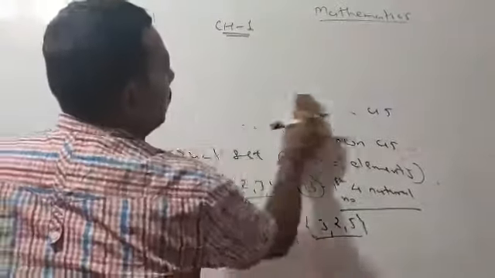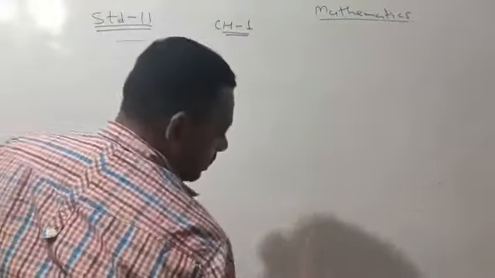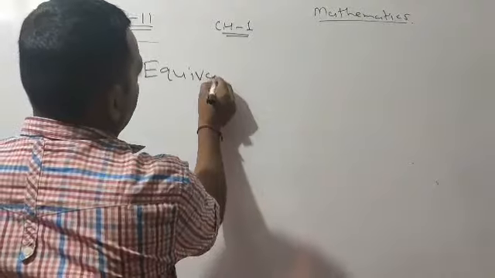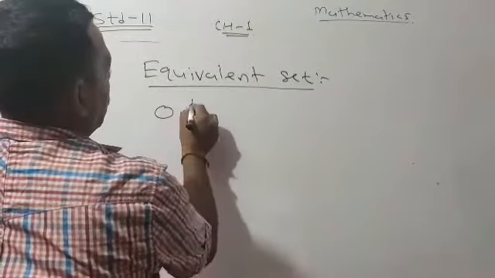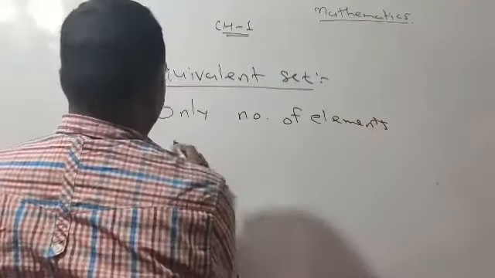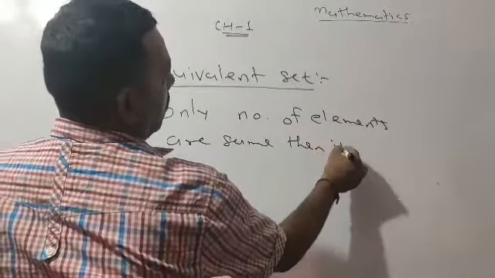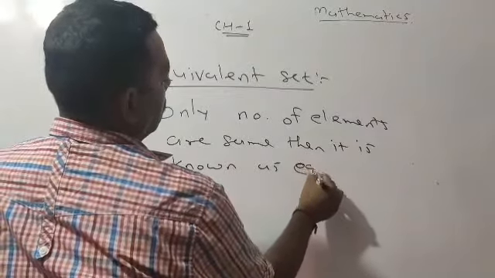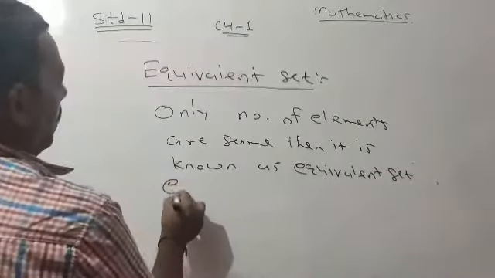Now, equivalent means only the number of elements is the same, elements not the same. Equivalent set: only the number of elements are the same, then it is known as equivalent set.